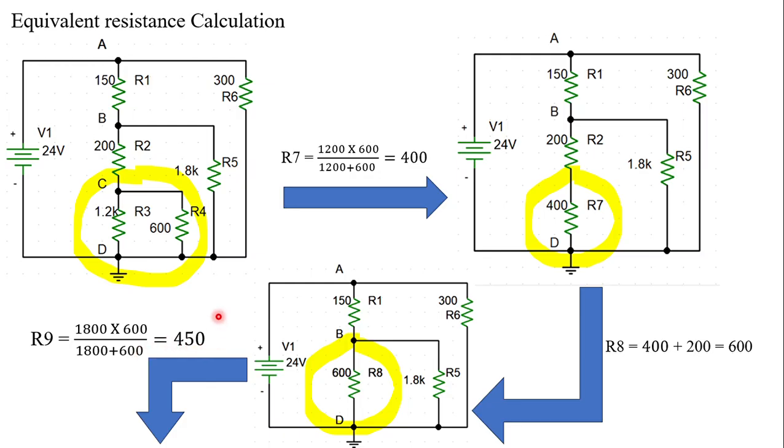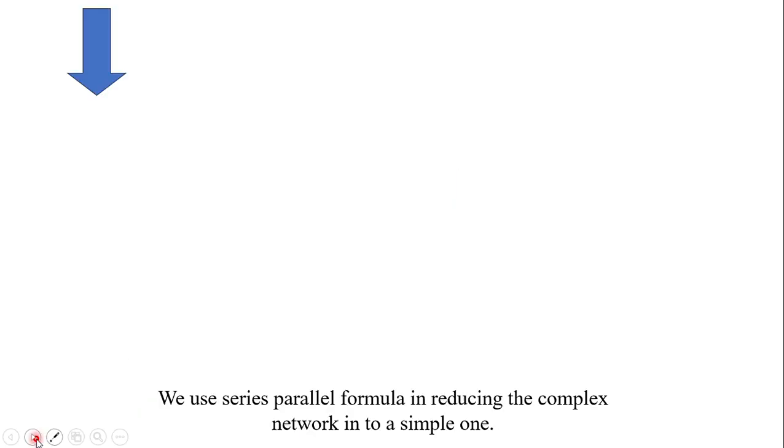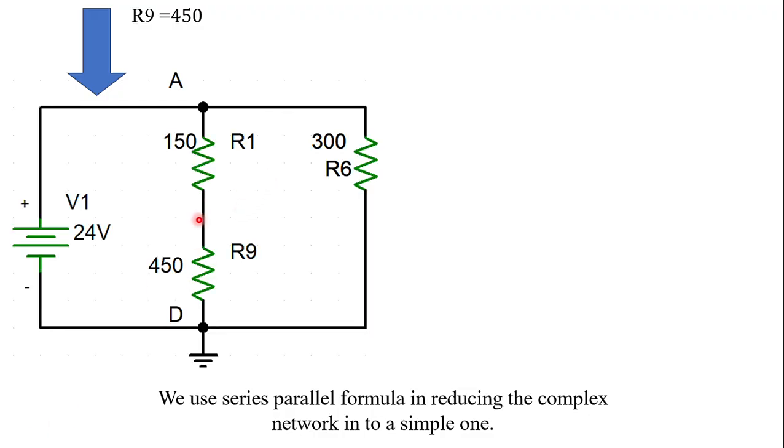The value of that is 450. I am going to replace this entire thing with one single resistor whose value is 450, that is R9.